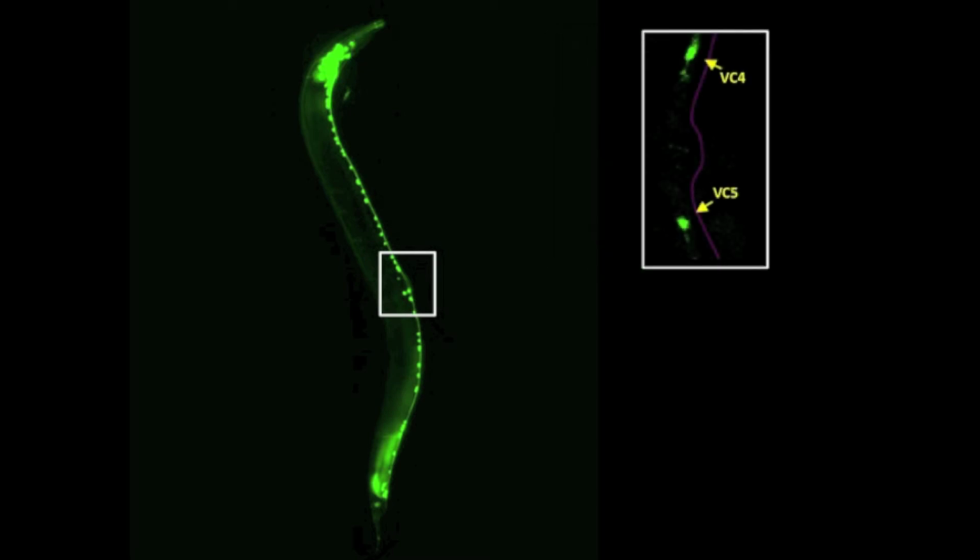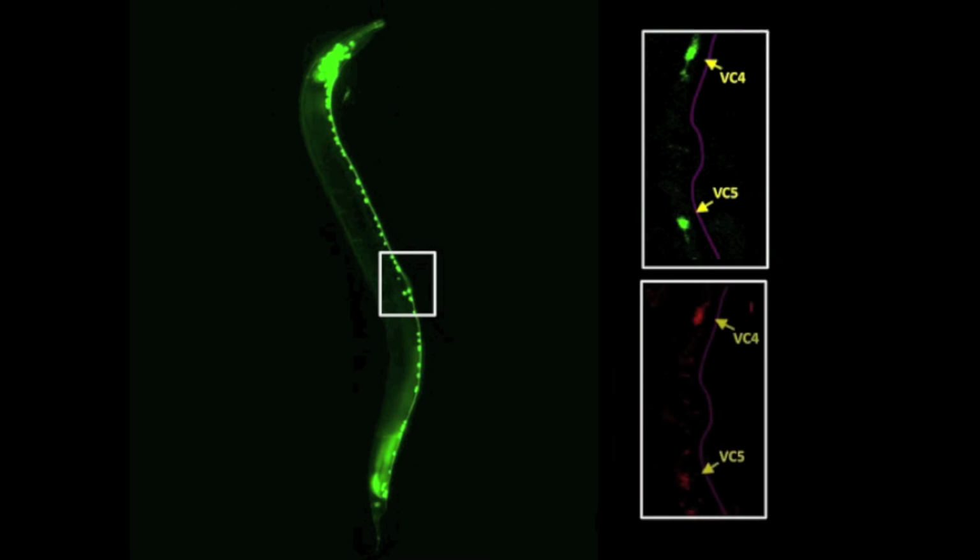We engineered these worms such that a set of these cholinergic neurons would also produce a protein that accumulates in AD, the human amyloid precursor protein. In this panel, 2 of the cholinergic neurons are producing green fluorescent protein. In the panel below, you can see that the 2 neurons also produce the human amyloid precursor protein indicated by red fluorescence.